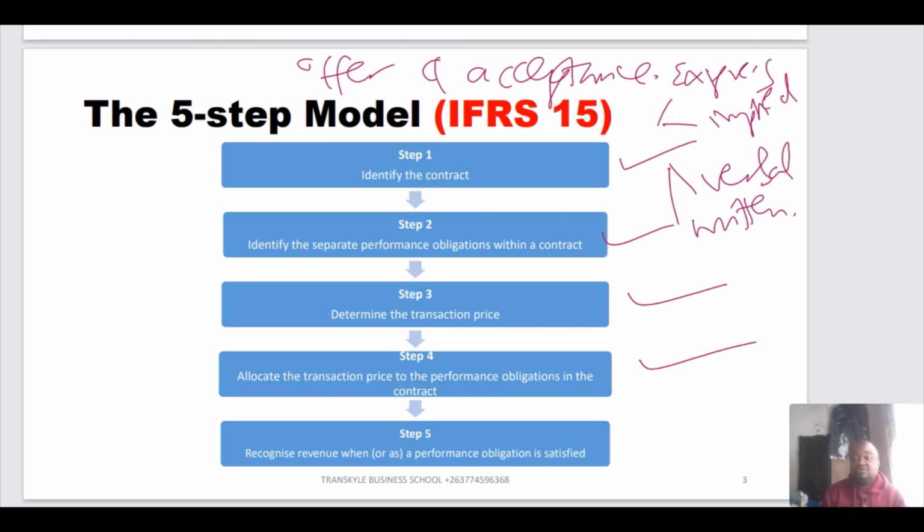You need to know how you are going to allocate those transaction prices to each of the performance obligations. Step number 5, you then have to recognize revenue, sometimes at a point in time or over time. So recognize revenue when or as a performance obligation is satisfied. All right, so let's move on.